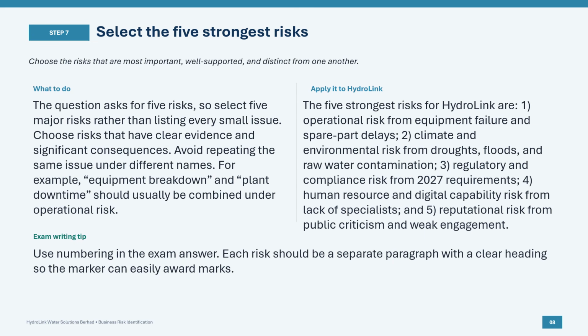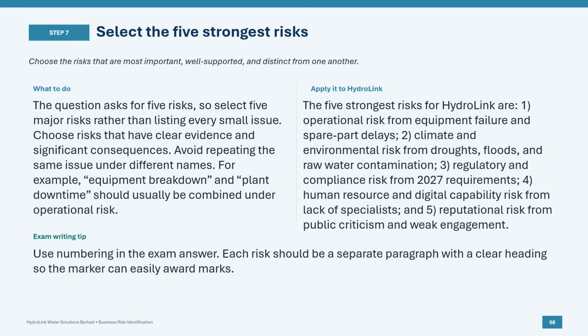So the 5 stronger risks, as I mentioned, are operational risk from equipment and spare part delay, climate and environment, regulatory and compliance risks, human resources and digital capability risk from lacking specialists, and reputation risk from public criticism and weak engagement. So these are all important risks.